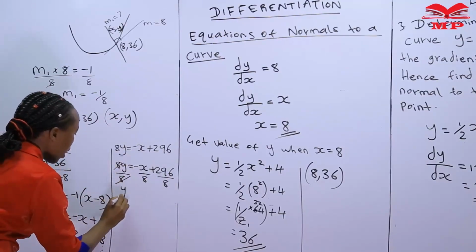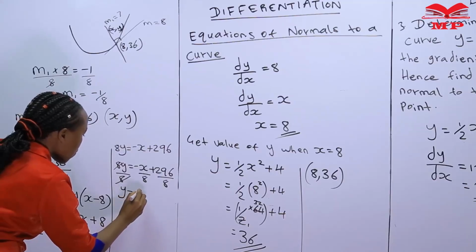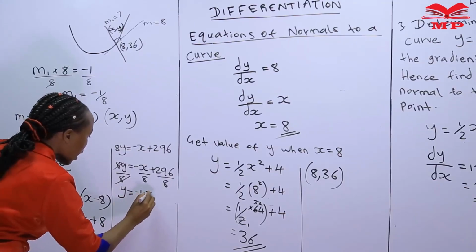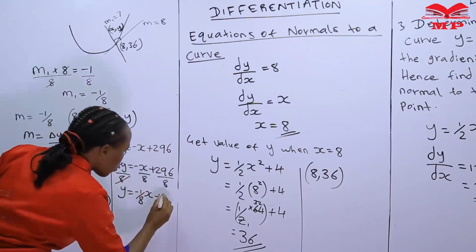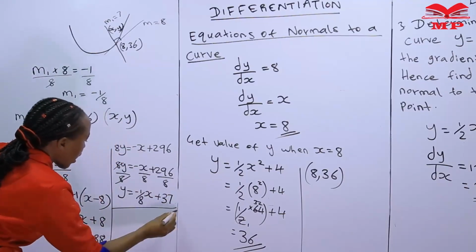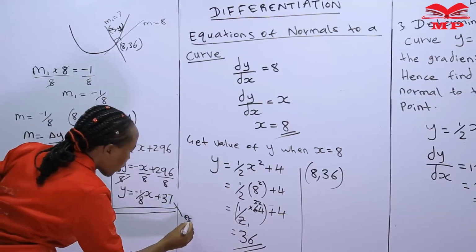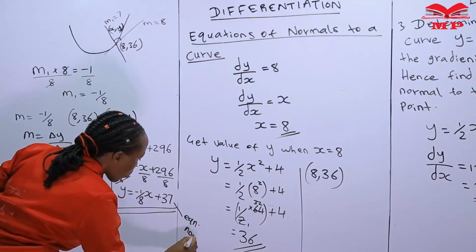So we get that y is equal to -1/8 x, then plus 296 divided by 8, that is equal to 37. And this is now the equation of the normal.